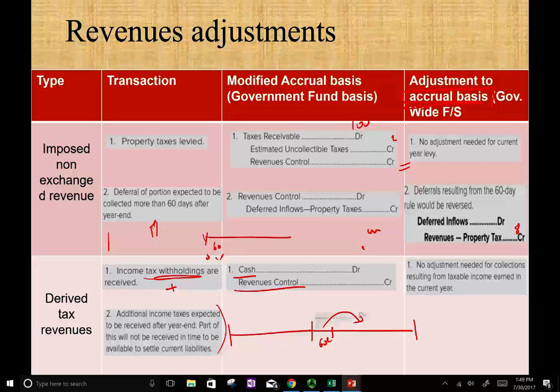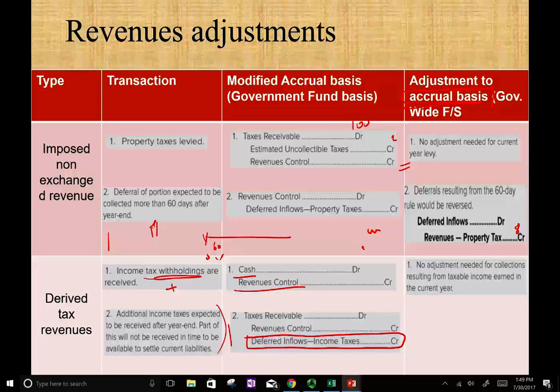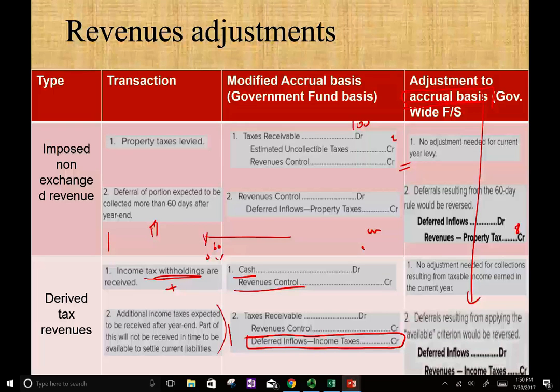We cannot recognize it now. What we do is we credit deferred inflow. Just because it is after 60 days, accrual basis accounting doesn't recognize the 60 days. So if we expect to receive it, we remove this deferred inflow and we recognize it as revenue.